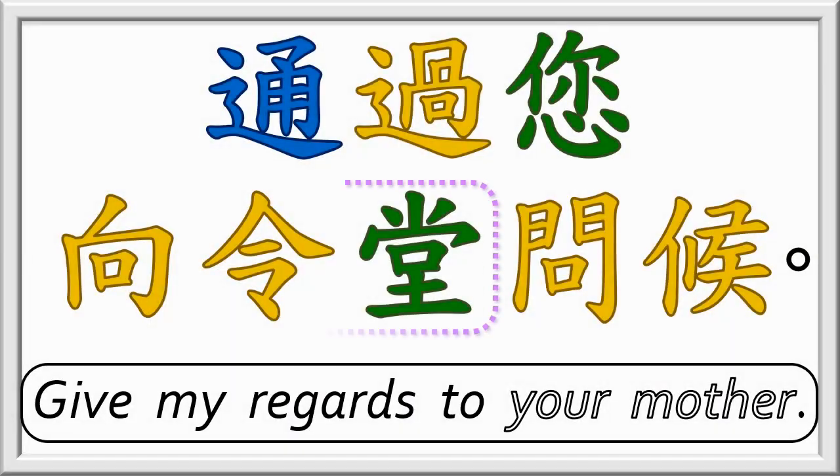家母 refers to one's own mother when speaking to outsiders. And now we have the polite phrase 令堂 for your mother, literally, the good woman dwelling in the inner hall. 通过您向令堂问候. Give my regards to your mother.